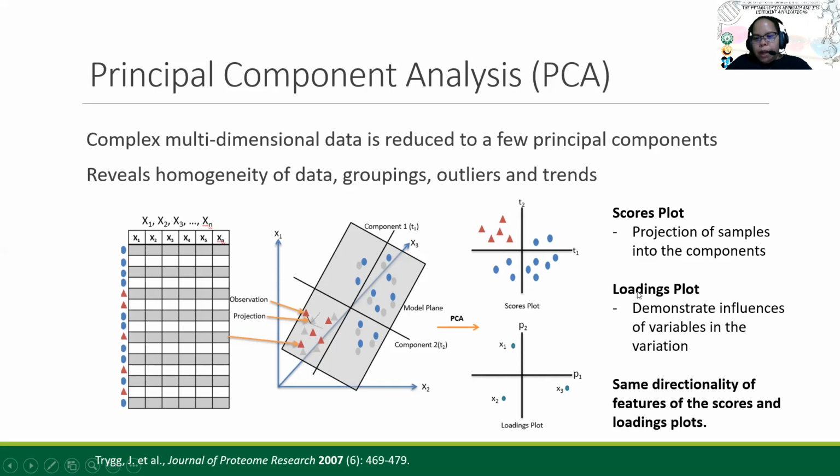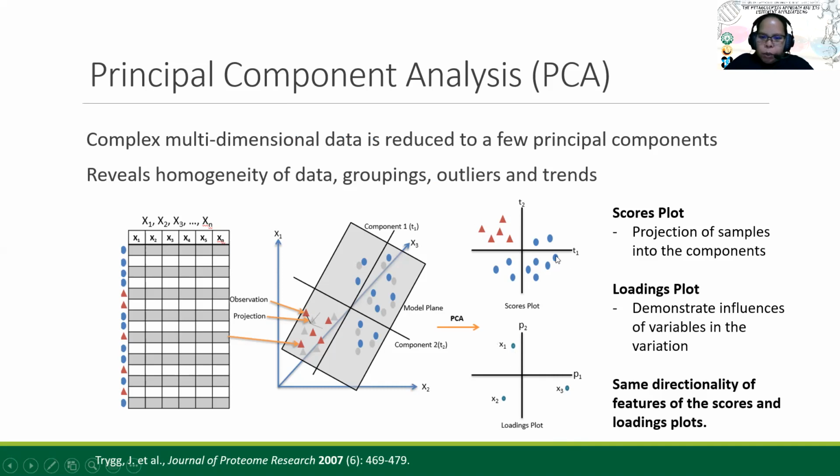The loadings plot will be the one to show you the influence of the variables in the variation. So, the loadings plot will be able to tell you which variables in your data cause these triangles to separate out from your circles. Here you have to look at the same directionality of your scores and loadings plot. That means the samples in this region are influenced mainly by the variables that are in this region.